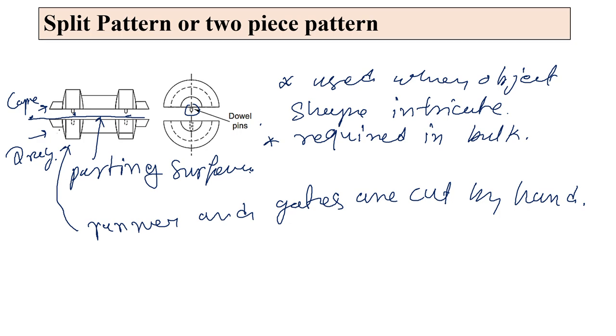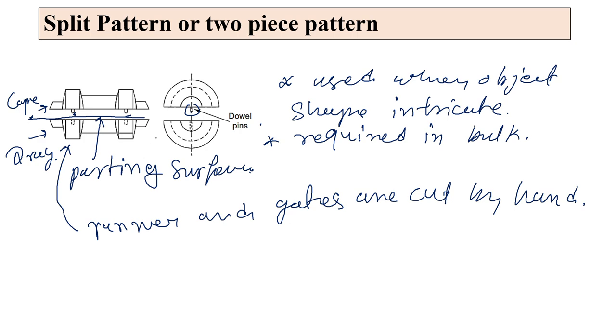The two halves are properly aligned using the toggle pins, and these toggle pins are fitted in the cope portions, and the gates and runners are cut by hand.